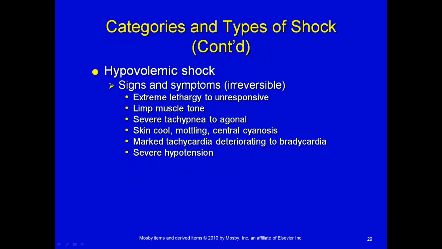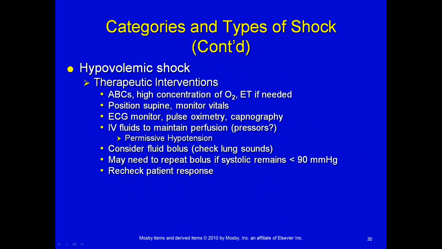You're up there with respiratory rates in the 30s, high 30s, to no breathing at all, or very sporadic breathing. Skin is mottled, your trunk is blue, your heart rate's in the 140s, 150s, and now begins to deteriorate to bradycardia, and blood pressure may be unobtainable by a stethoscope and a blood pressure cuff.